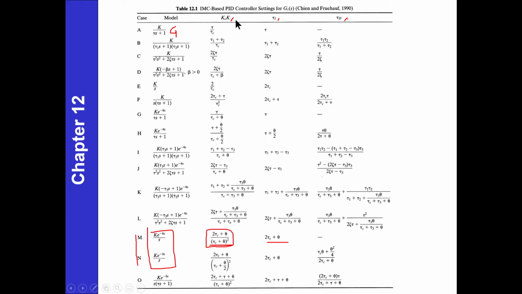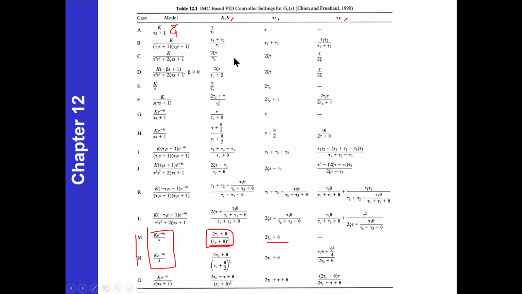When you have different types of model, G model, you can calculate the value of Kc, tau I, and tau D using this formula.